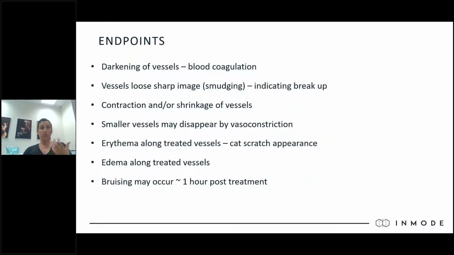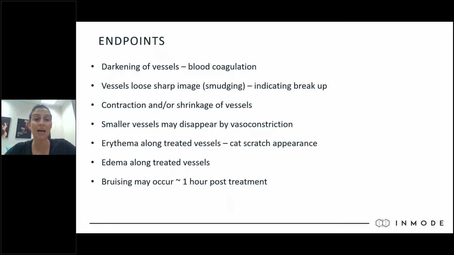What are the endpoints? What do we look for when we're providing a treatment? So the first thing is blood coagulation, because this is what we do. And that blood coagulation actually appears as darkening of the vessel. It may get dark blue, or actually appear as black to us. Okay, so either or.